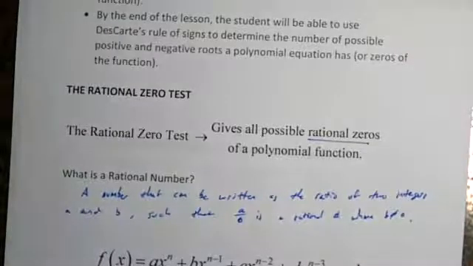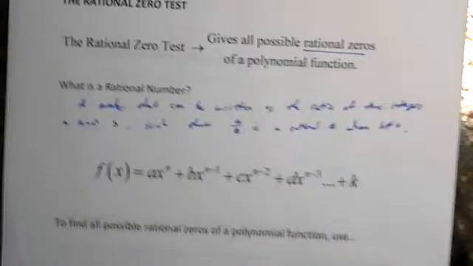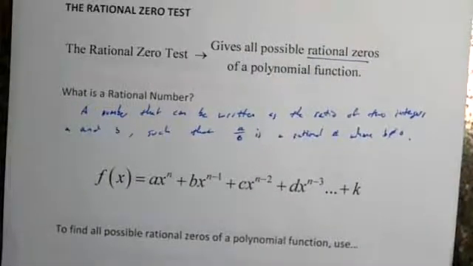So a rational number can be written as a ratio of two integers.